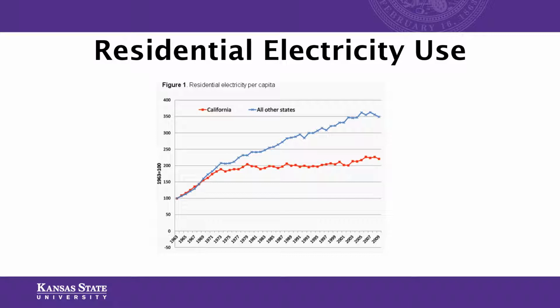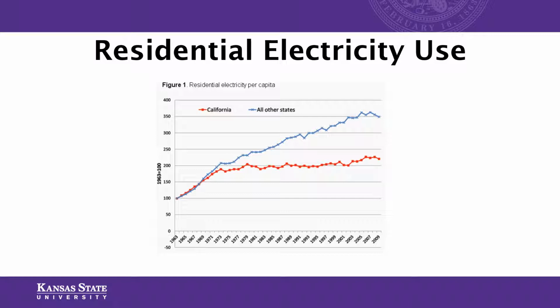And the reason for this is because California has very strict residential energy use standards. So, state governments can set regulations for energy efficiency and energy use. California has very tight standards, and as a result, their consumption of electricity is much lower compared to the rest of the United States. And then, if you were to compare California's electricity use to other developed countries like European countries such as Denmark, the Netherlands, you would see that California still has room for improvement.